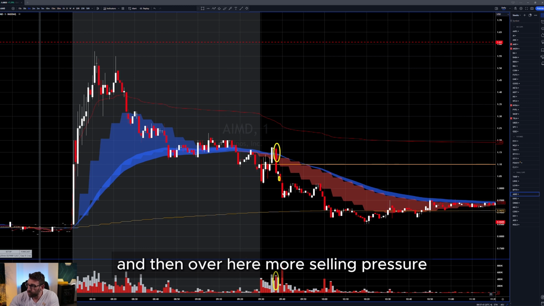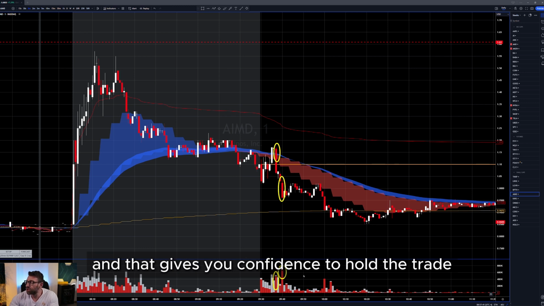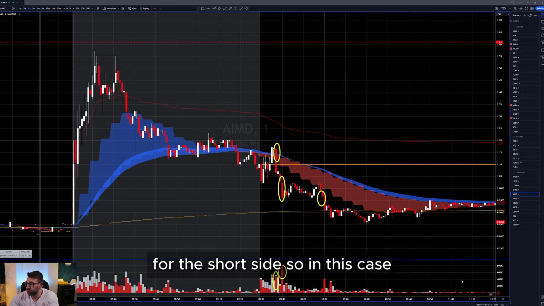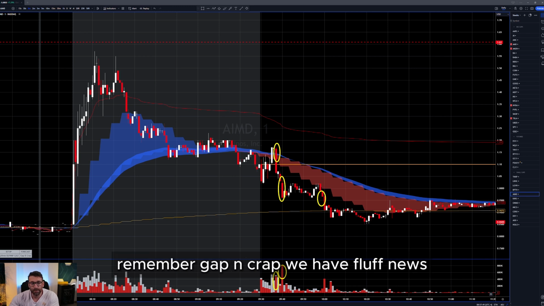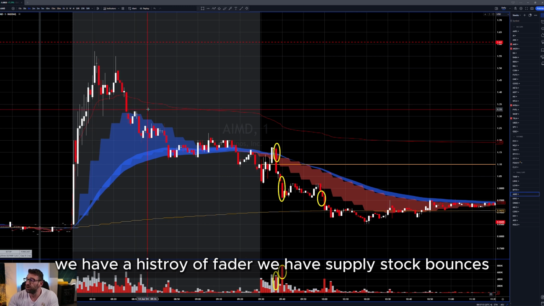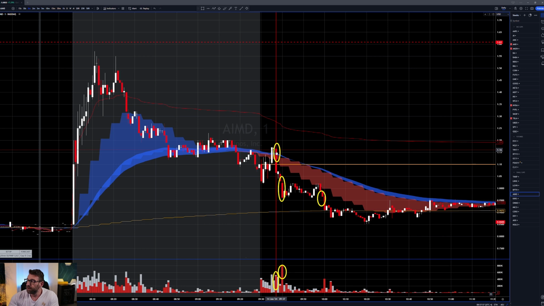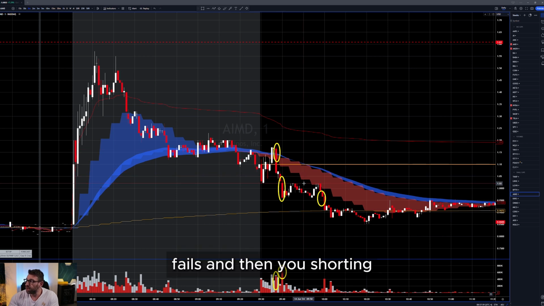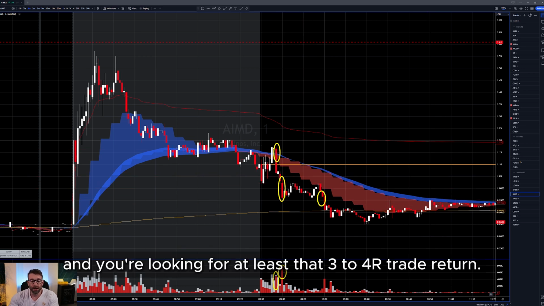And then over here, more selling pressure. And that gives you confidence to hold the trade for the short side. So in this case, remember, gap and crap: we have fluff news, we have a history of fader, overhead supply, stock bounces, fails, and then you're shorting and you're looking for at least that 3 to 4R trade return.